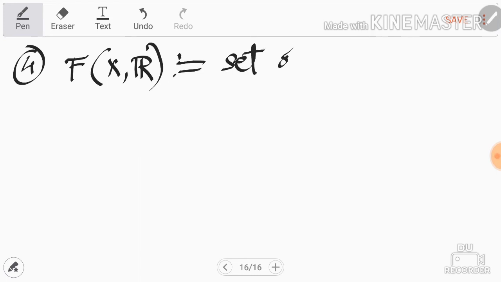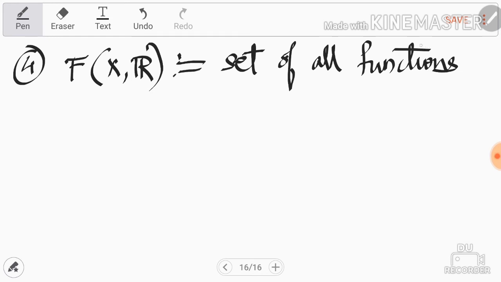It is nothing but the set of all functions f from a non-empty set X to R. When I say set of all functions, they literally mean all functions, whether continuous, discontinuous, injective, bijective, surjective, whether it is nothing among these, even if they are simply functions satisfying none of the properties, all of them are included in this space. So obviously there will be infinitely many such functions in this space.